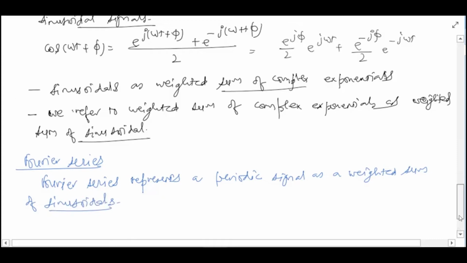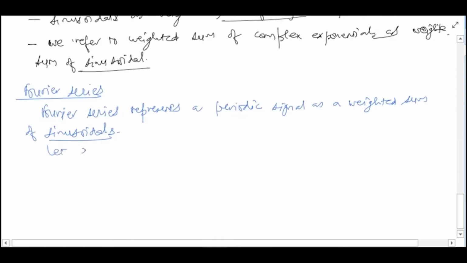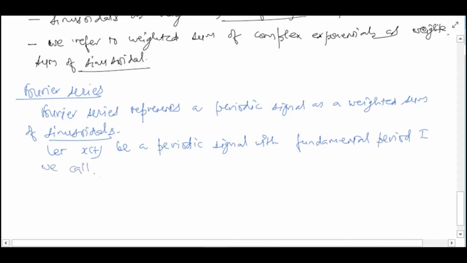In particular, let us consider x(t), a periodic signal with fundamental period capital T. In this case, we call omega naught equals 2 pi by capital T the fundamental frequency of x(t).